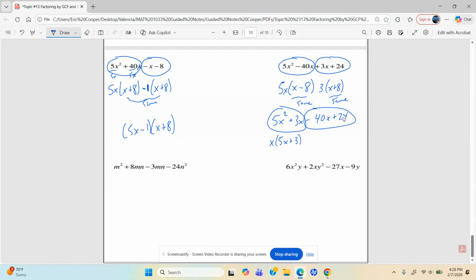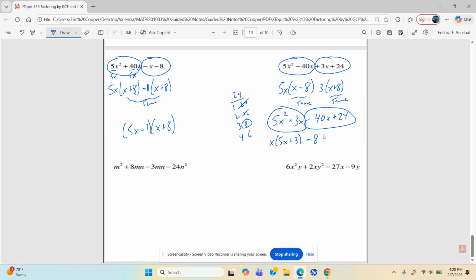Negative 40 and 24. Again, we have to factor it out as a negative. 40 and 24. So let's look at 24. We've got 1 and 24, 2 and 12, 3 and 8, 4 and 6. Trying to see what can go into 40: 24 can't, 12 can't, but 8 can. So let's factor out a negative 8.